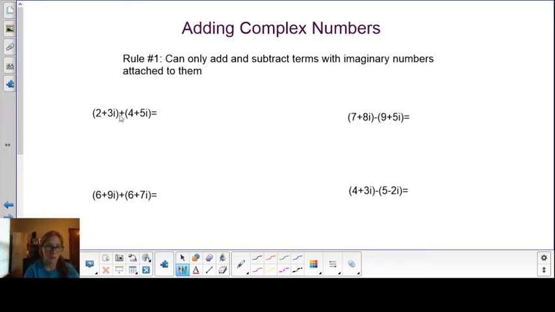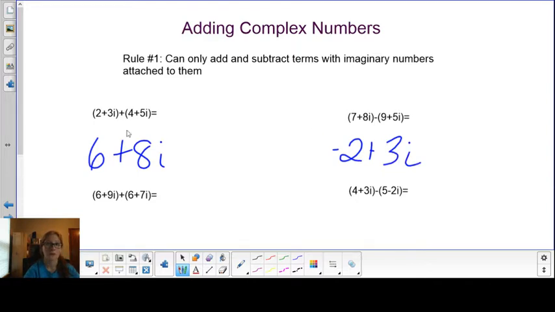I have 2 plus 4, 6. I have 3 plus 5, 8. So my answer is 6 plus 8i. 7 minus 9, -2. 8 minus 5, 3.